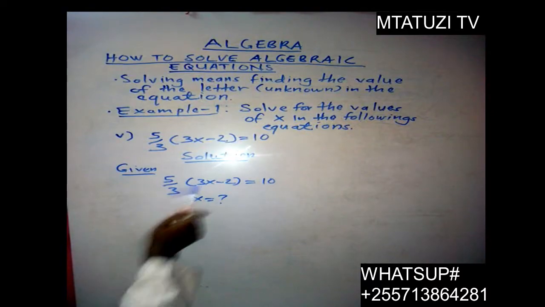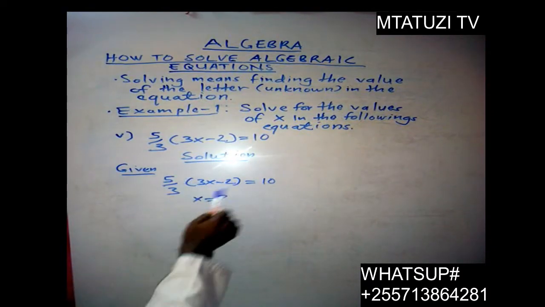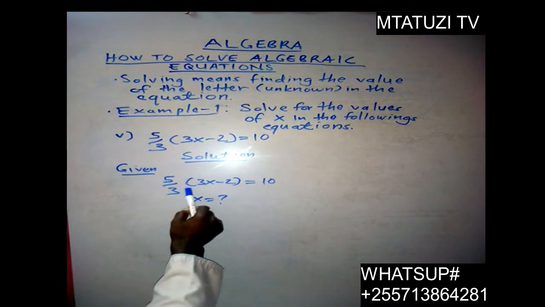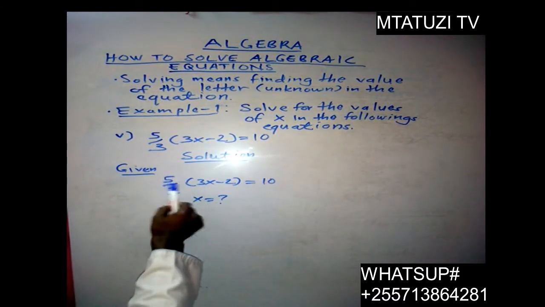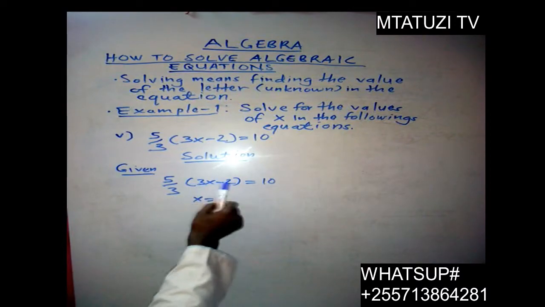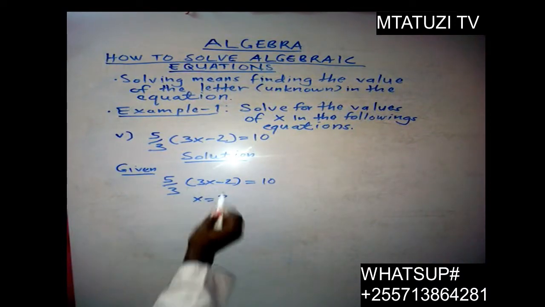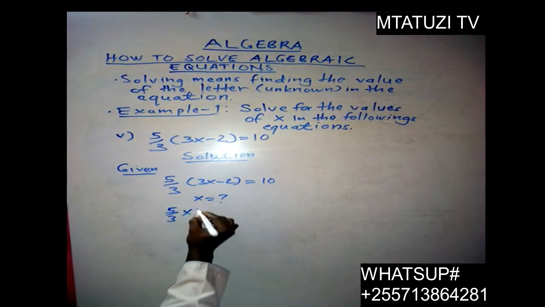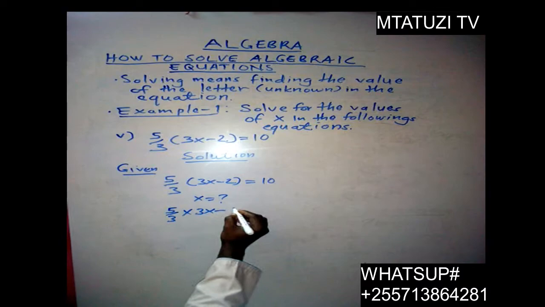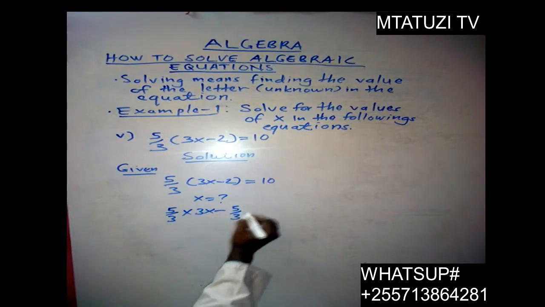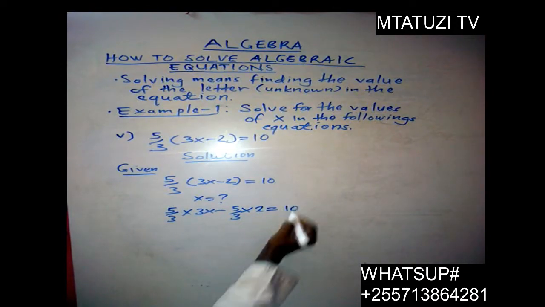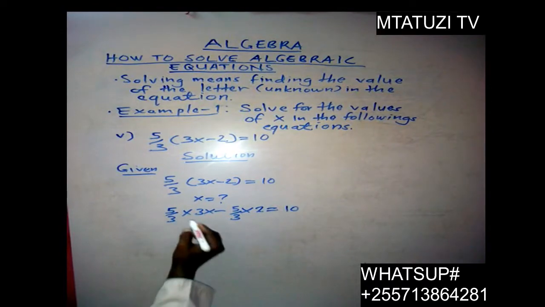In order to do a question like this one, first of all, you have to open the bracket. And how do you open the bracket? By multiplying 5 over 3 by each term inside the bracket. So we take 5 over 3 times 3x minus 5 over 3 times 2, is equal to 10. Now we are multiplying.